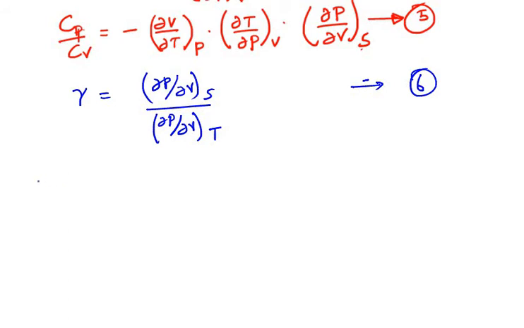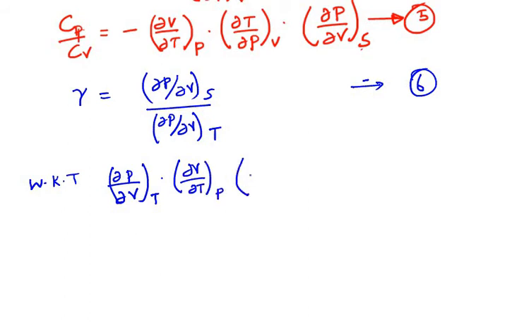Now we know that dou P by dou V at constant temperature into dou V by dou T at constant pressure into dou T by dou P at constant volume is equal to minus 1.